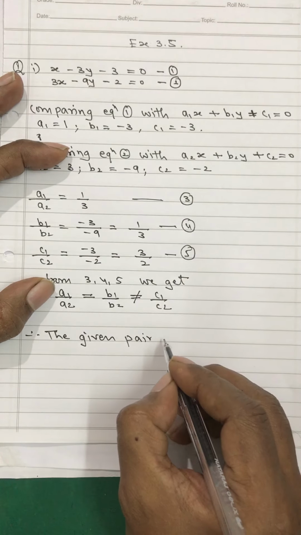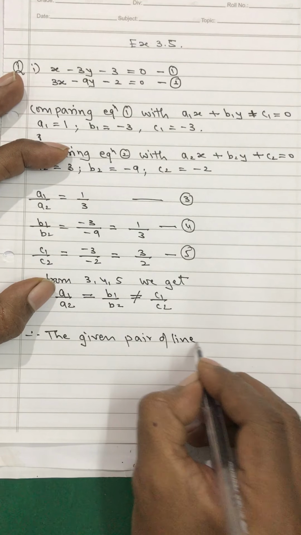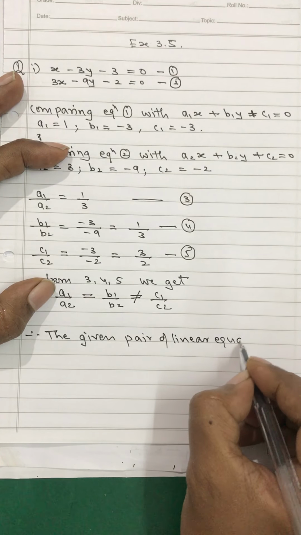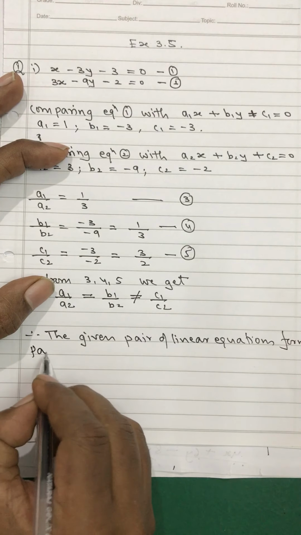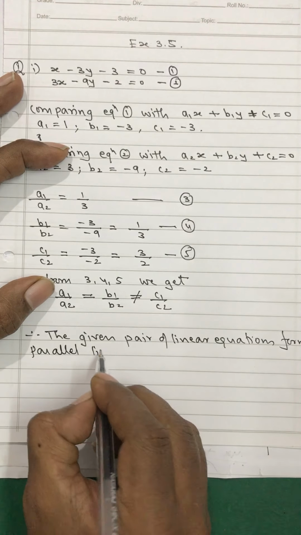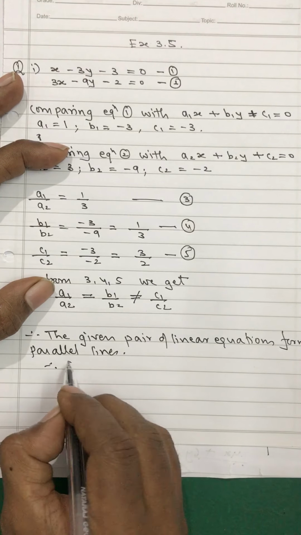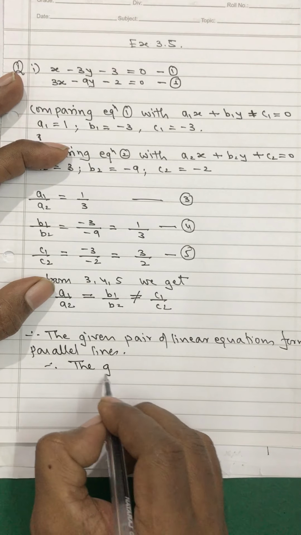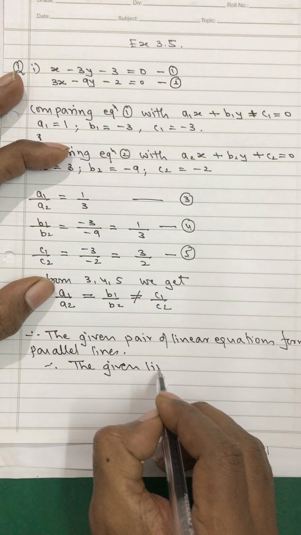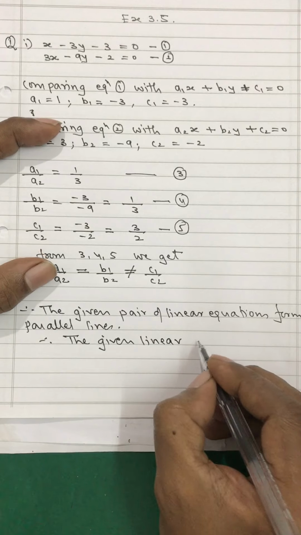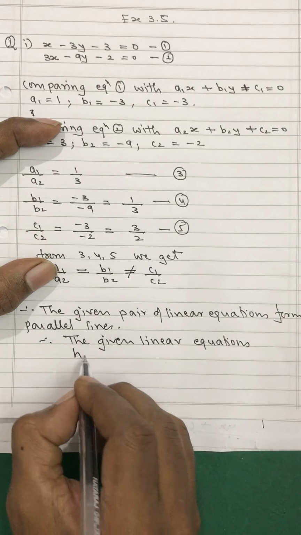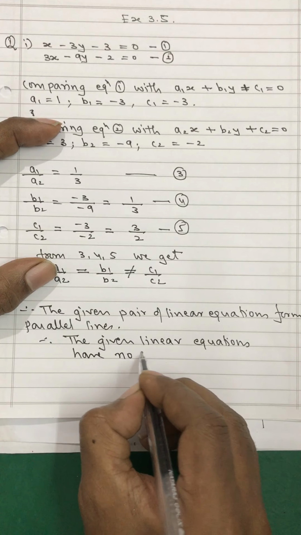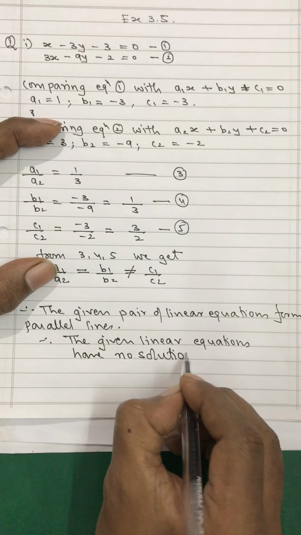Because the given pair of linear equations forms parallel lines, the given linear equations have no solution.